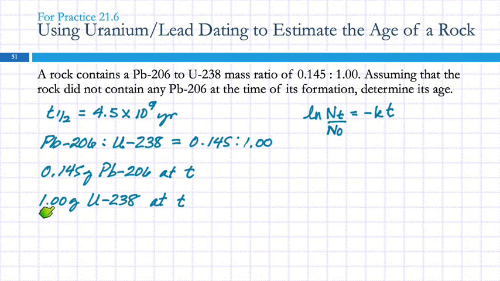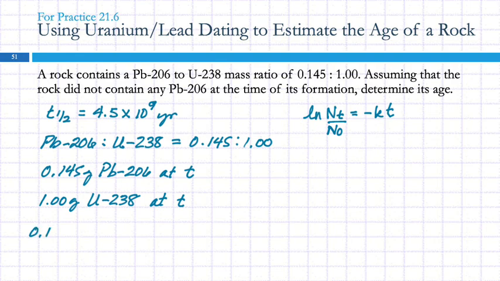So there's 1 gram left, that's what the ratio tells us, and 0.145 grams of lead-206 that came from the uranium-238 that decayed, right? As the uranium decayed, it turned into lead-206. It says, assume there was no lead-206 to start with.